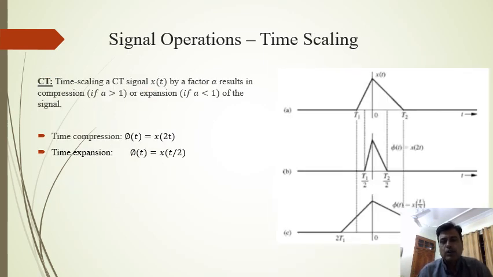Okay, so now let's talk about the second operation which we can perform on the independent variable. The second operation is called time scaling. So it is a little bit different than time shifting, which we discussed in the previous slide.